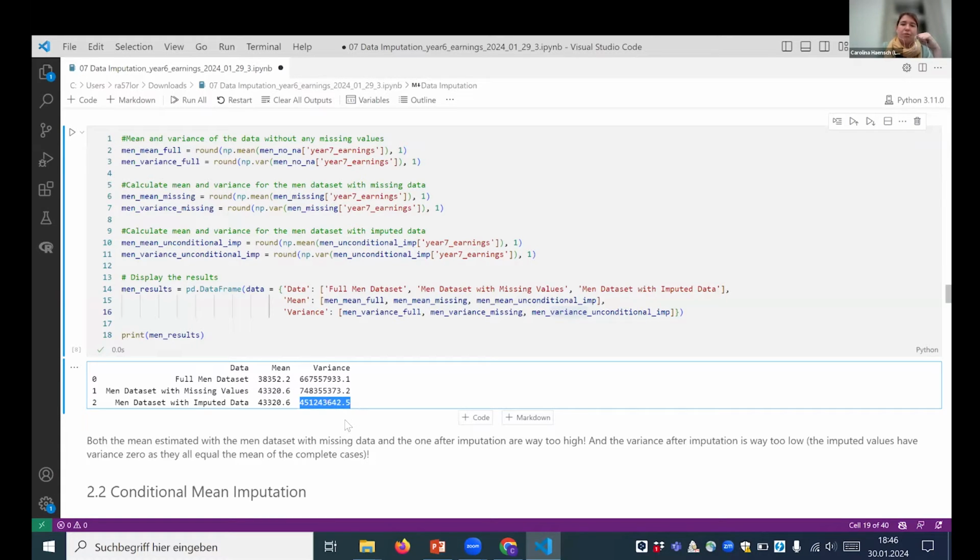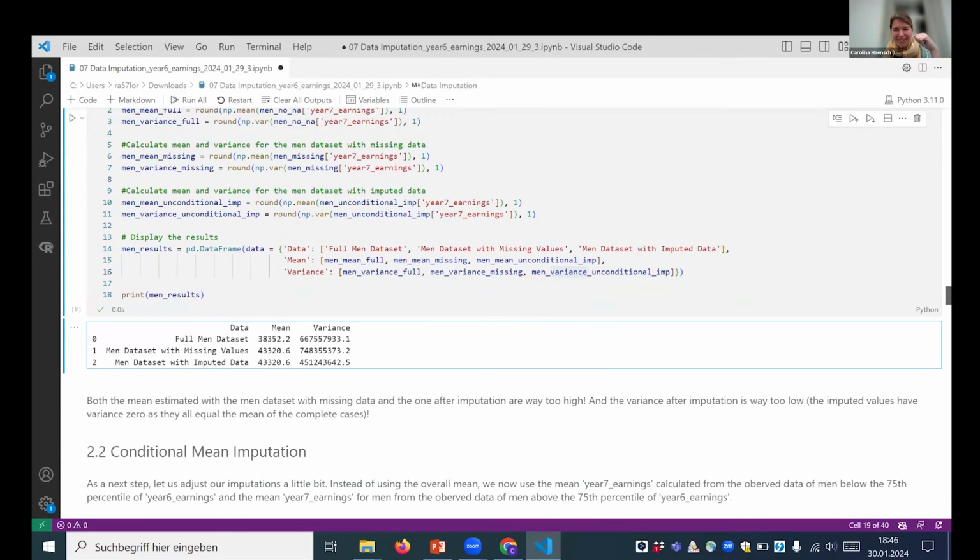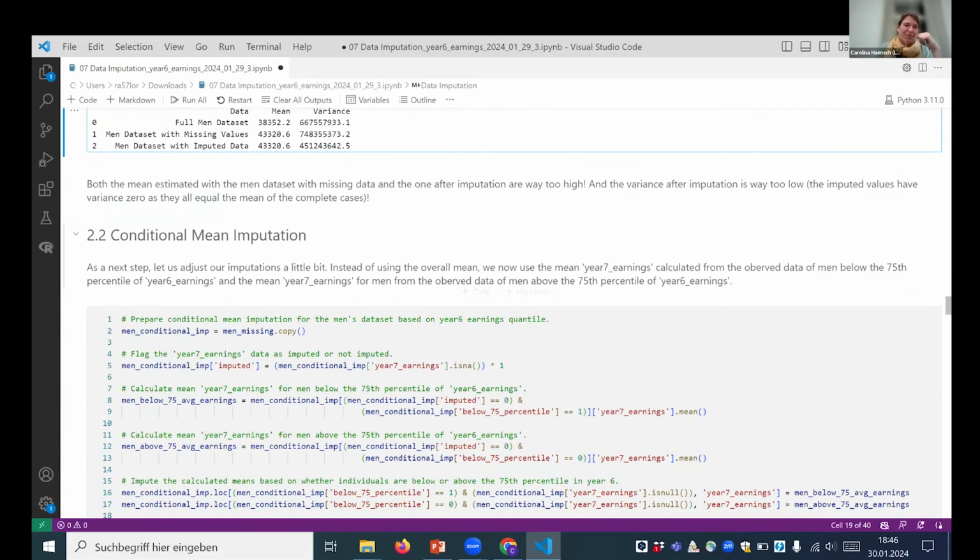It's way too low because we just imputed the mean here.